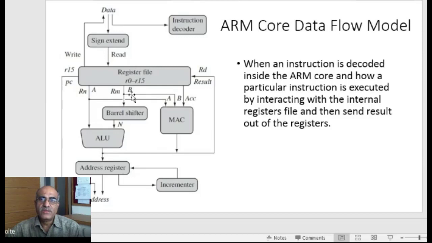So this is the data flow model along with the ARM processor, where you can see the pipelining concept: fetching, decoding, execution, as well as write back. These operations overlap for different instructions, and that is what pipelining means.